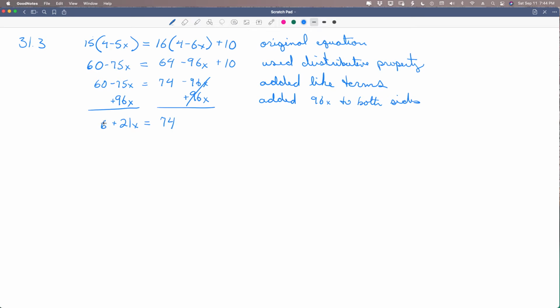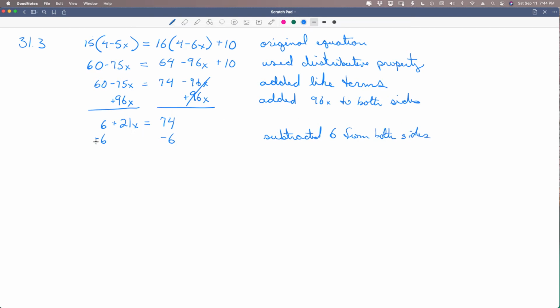Now we need to get rid of this 60 from this side, so we're going to subtract it from both sides.